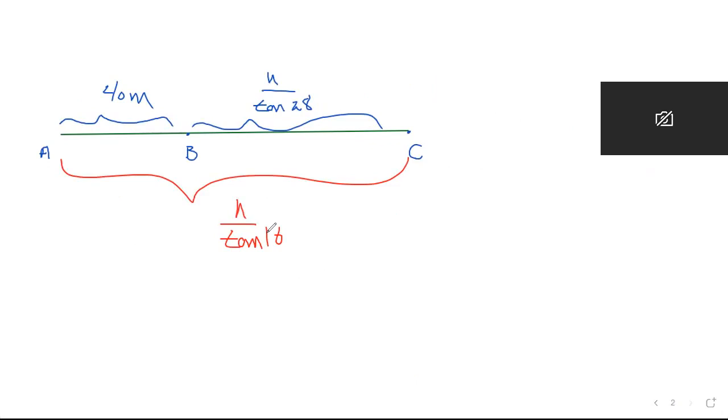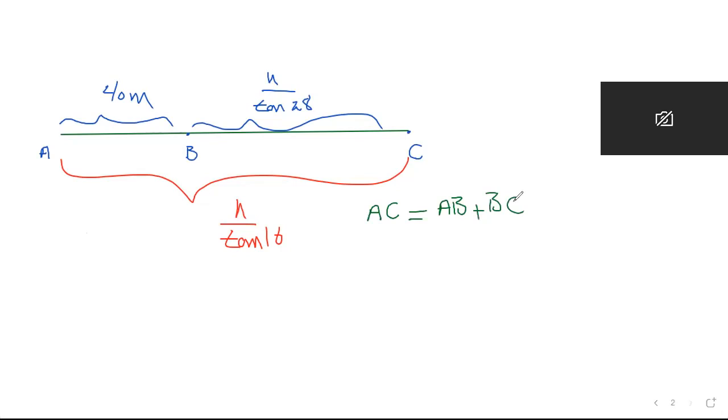And the whole AC is the addition of these two lengths. It means that I can write it like that. Obviously, we have AC is the sum of AB plus BC. Am I right?